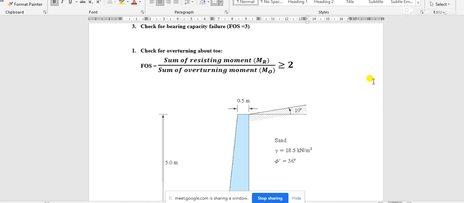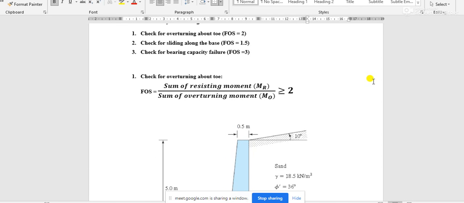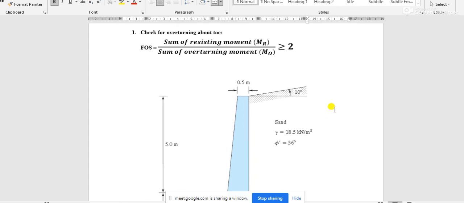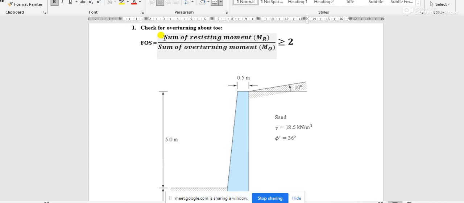This is the calculation of all the moments, and finally you have to decide which moments are the reason of the overturning phenomenon and which moments are the resisting moment to the overturning failure. Finally you have to add all the moments which are resisting the overturning process, and add all the moments which are the reason of the overturning.